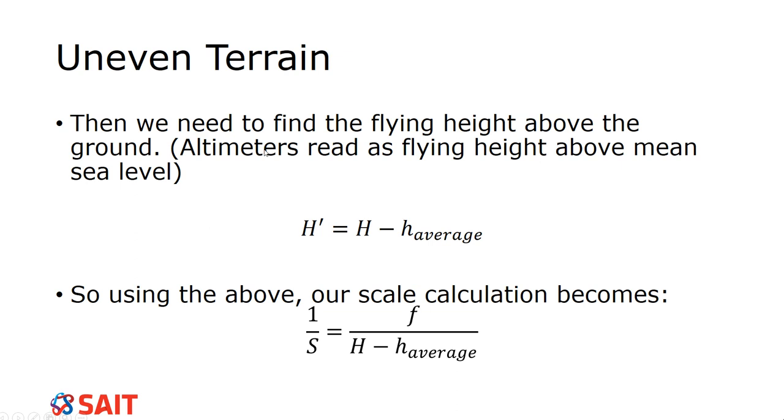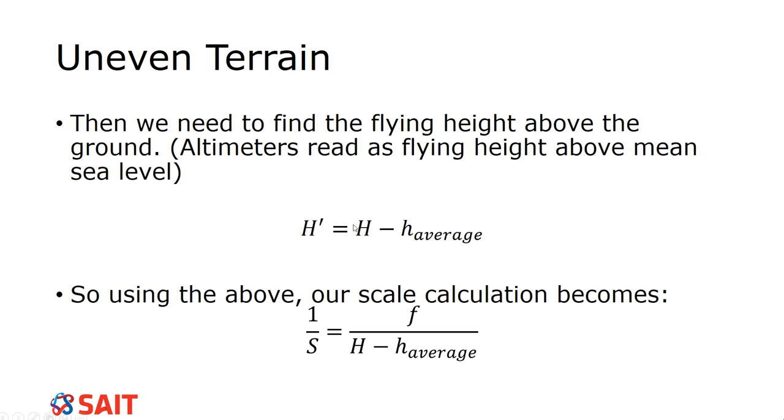The next issue is altimeters read the flying height as above mean sea level. They don't actually read the ground. So to find that, we go back to our formula where we were trying to find the height of the ground. So big H without the prime is my flying height above mean sea level.